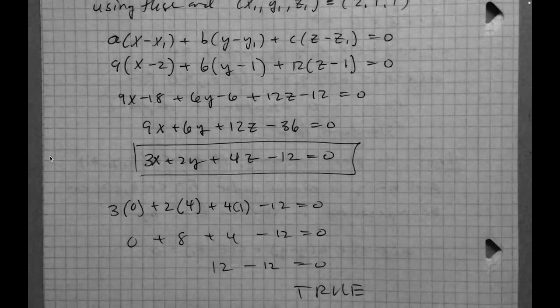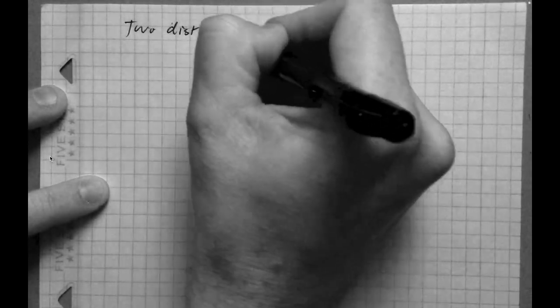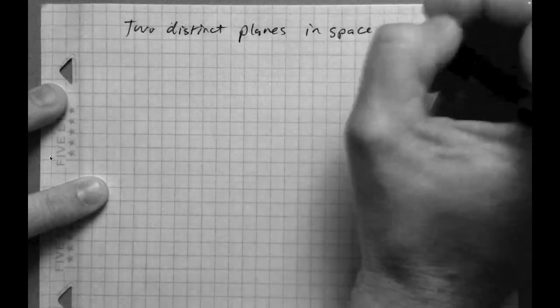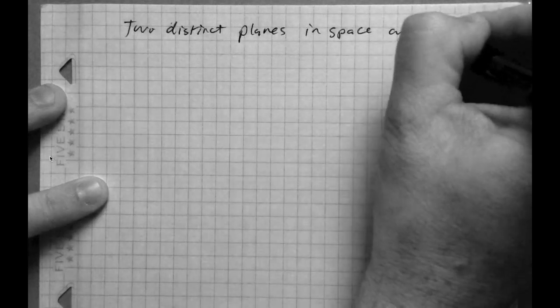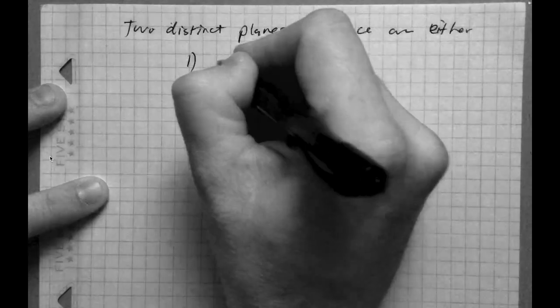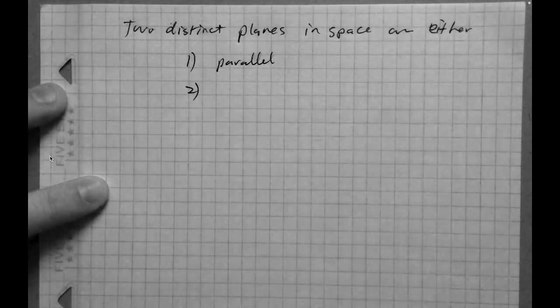When we're talking about planes in space, a couple of things can happen when you have more than one plane in space. So two distinct planes in space are either, one, parallel, or two, they can intersect.